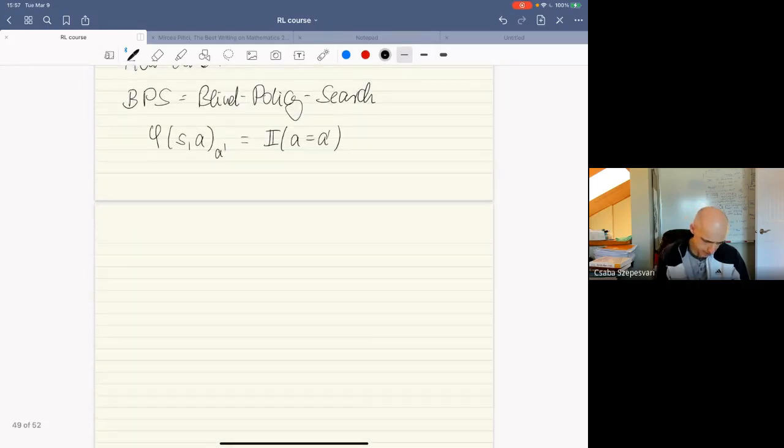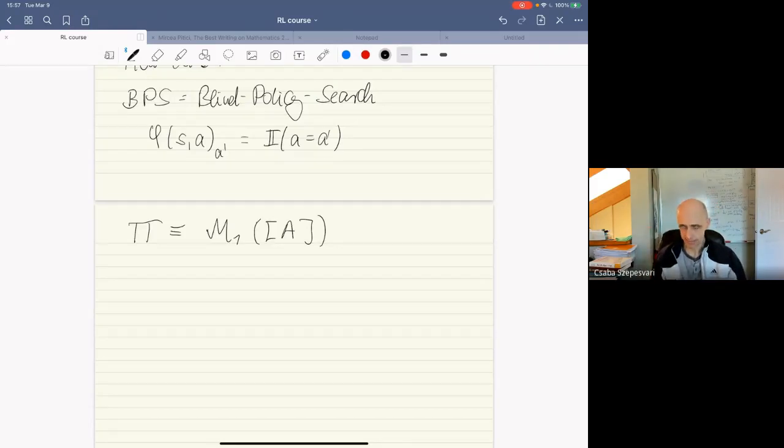So in other words, this policy class can be identified with the distributions over the A actions. So blind policy search asks for what is the best policy in this class.